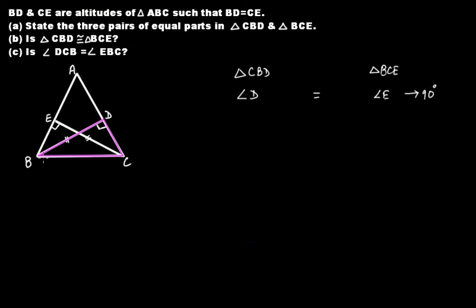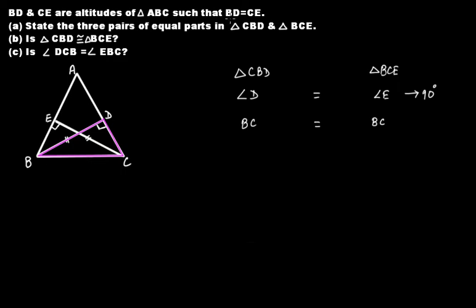Then we have this side BC in triangle CBD and the side BC for triangle BCE, right? This is the common side to both the triangles. Okay, so this is the first pair of equal parts. This is the second pair of equal parts in these two triangles. The third pair will be what?